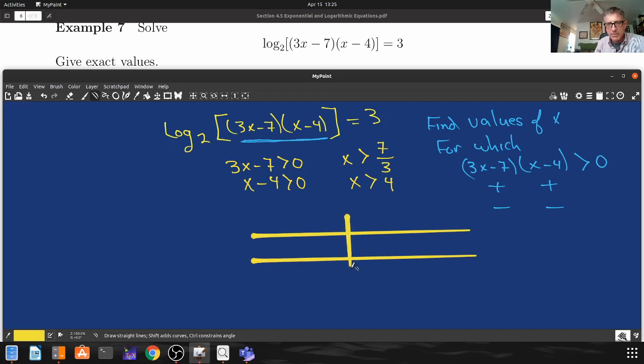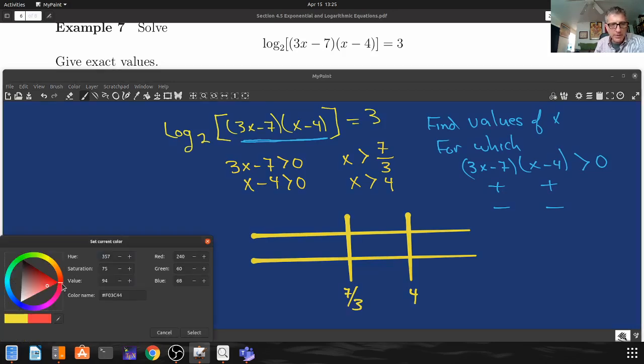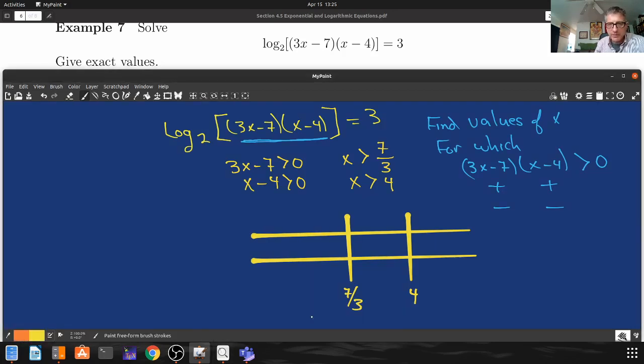And I'm going to arbitrarily mark two places. One of these places is going to be 4, and 7 divided by 3 is less than 4. And get another color here.